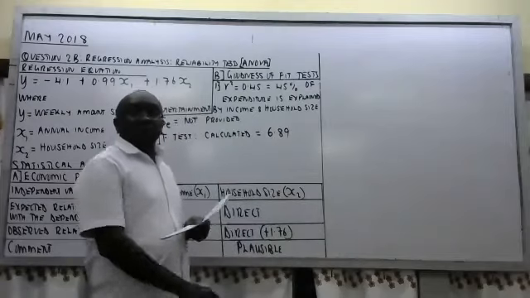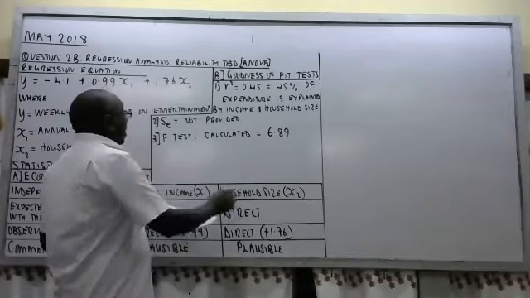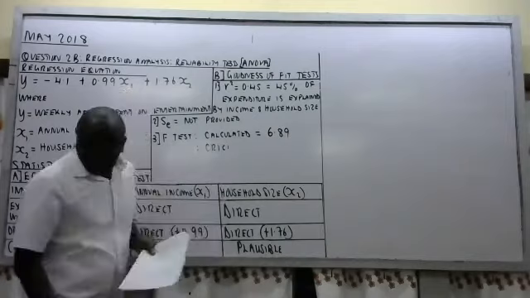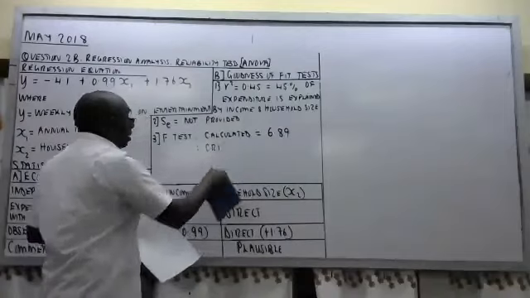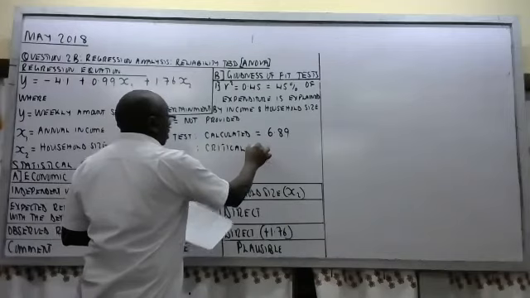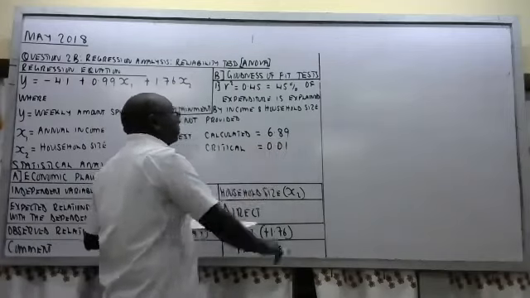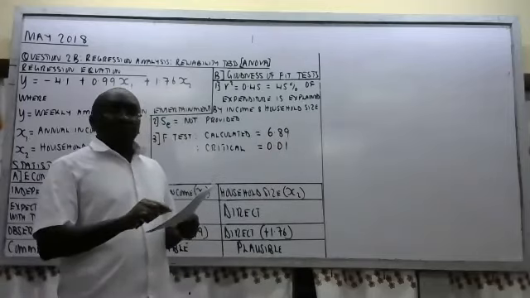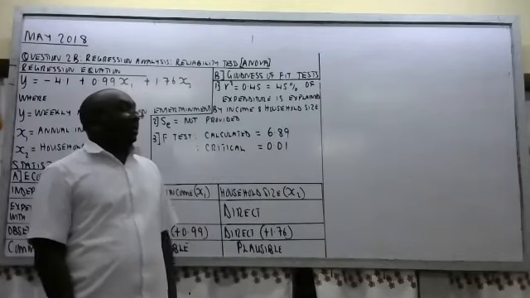I hope you're able to see that. And then critical is 0.01. Remember, we were advised to use 2 decimals. Critical ndio imeandikwa significance F.